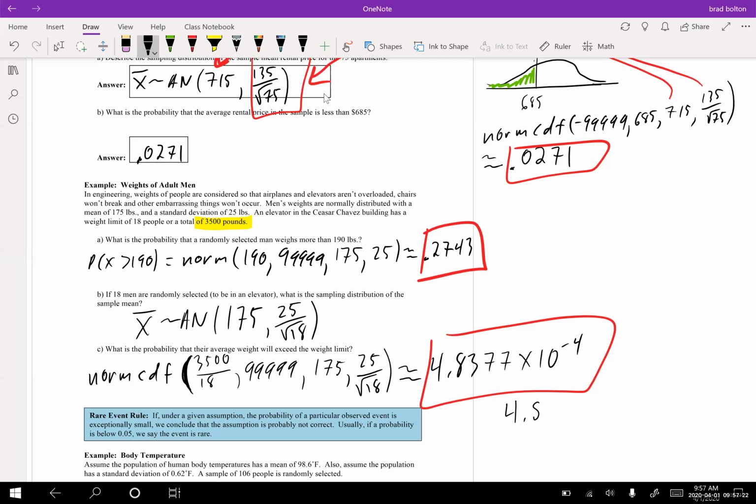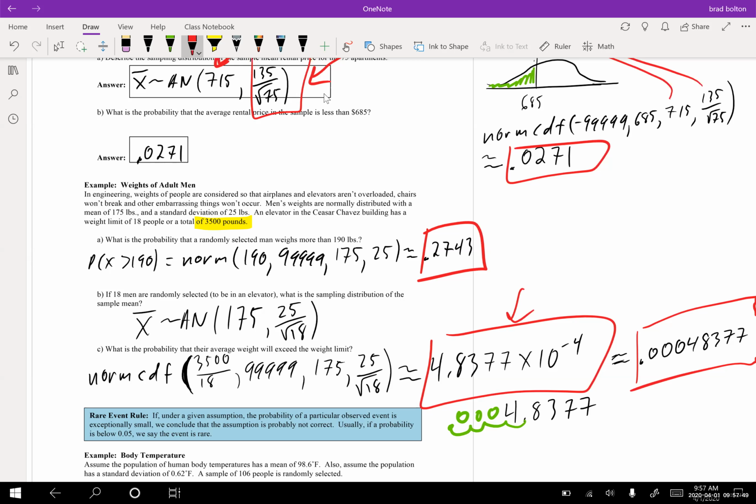Well, you take 4.8377 and let's move the decimal place 1, 2, 3, 4 places. And that's our new decimal place, and we put zeros in its spot. So that means that this is actually equivalent to 0.00048377. So this is the written out decimal.